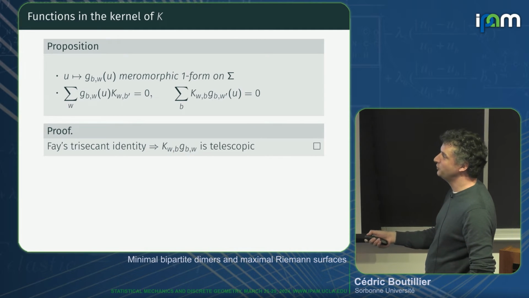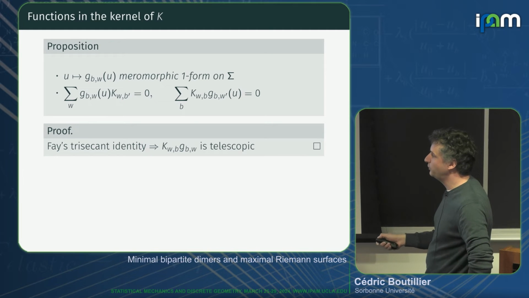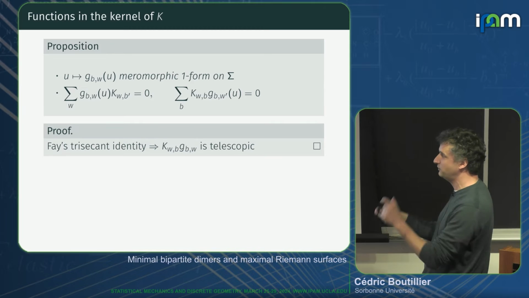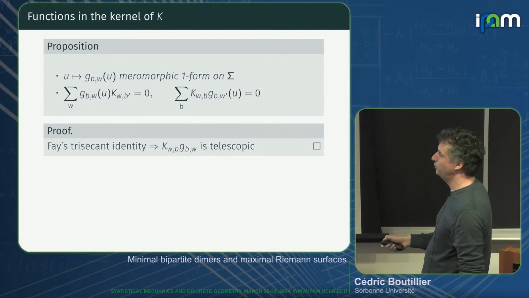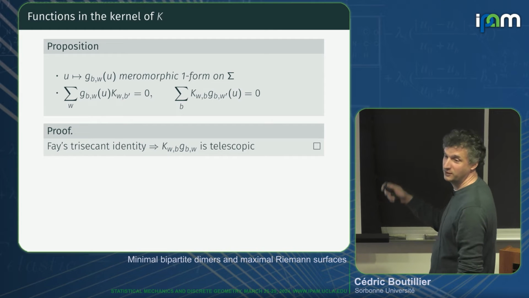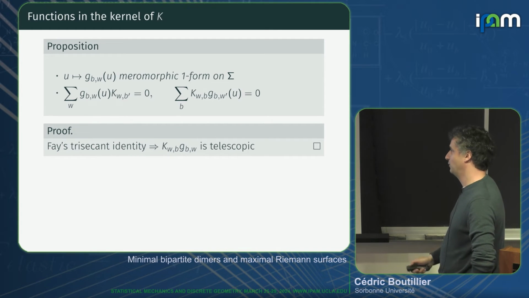Well, it's just a consequence of the face three-term identity. If you look at just one term like this, this identity tells you that this coefficient is something telescopic. And when you sum either over W or over B around a vertex, you will get something that sums to 0. So it's quite simple.